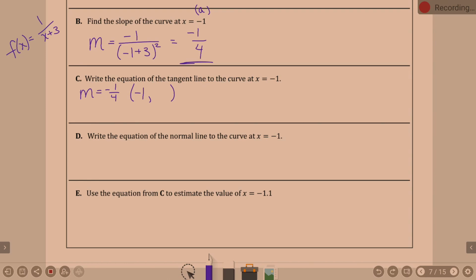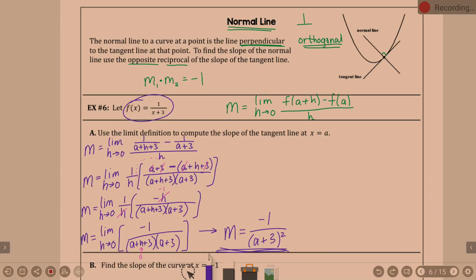So y equals 1 over -1 plus 3, which is 1/2. Because you're going back into not the slope equation, but we're going back into the original f of x for this problem.